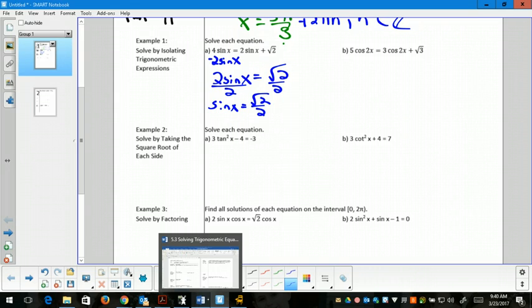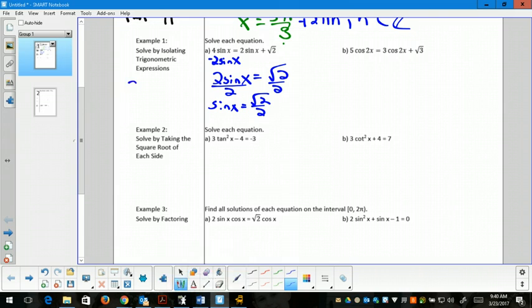I look at my unit circle, remembering that it's 2 pi for its period, so I have to go around the whole circle. That would be in quadrants 1 and 2. That's going to be at pi over 4 and 3 pi over 4. So my final answer for this one is pi over 4 plus 2 pi n, or 3 pi over 4 plus 2 pi n, where n is an element of the integers.